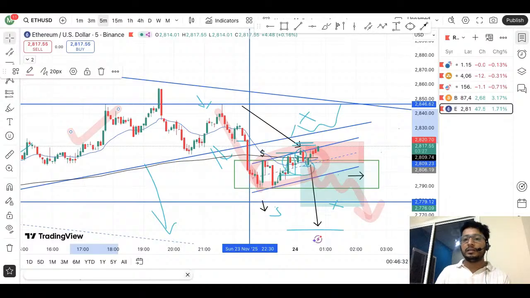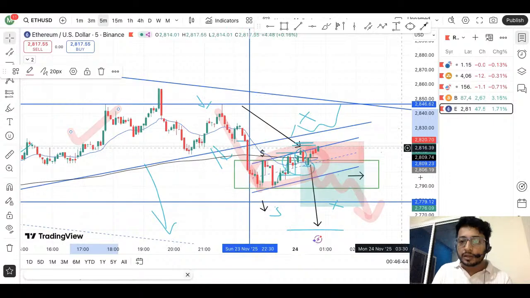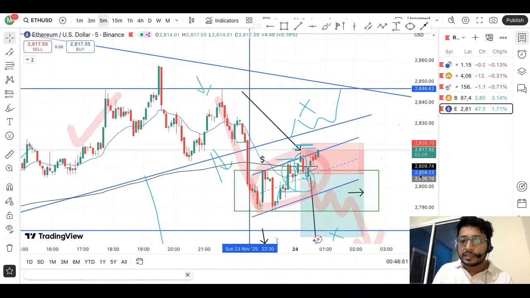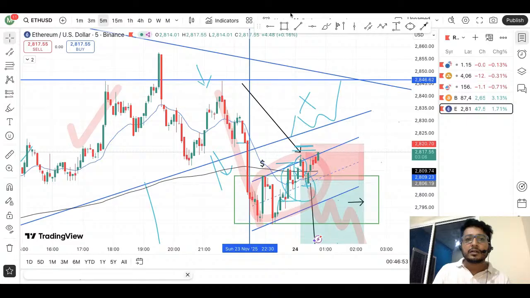Right now, I think our stop loss can hit. It's getting closer. Our stop loss is kept at 2820, and right now it's trading near 2813.